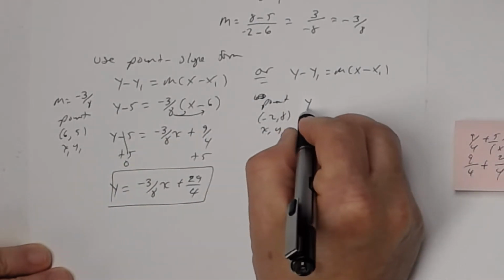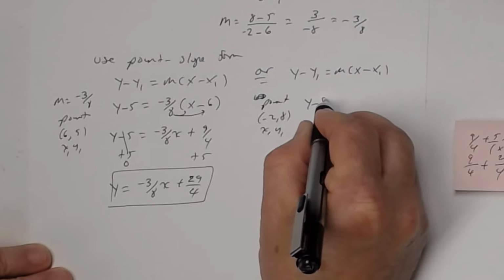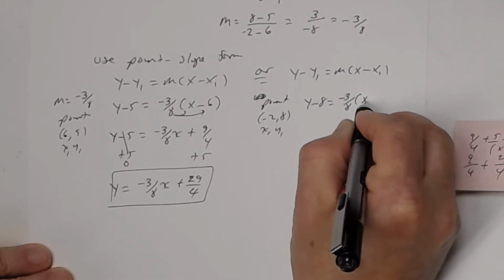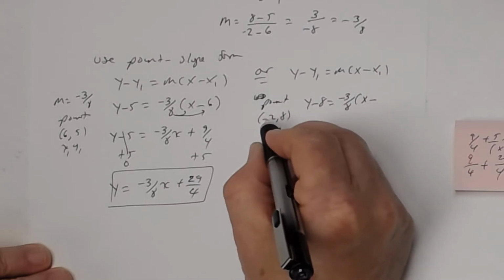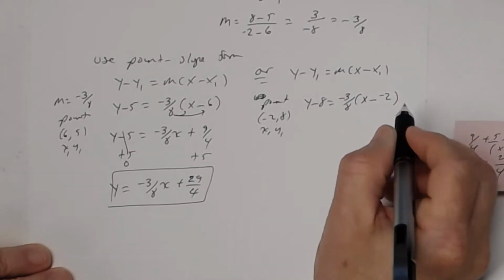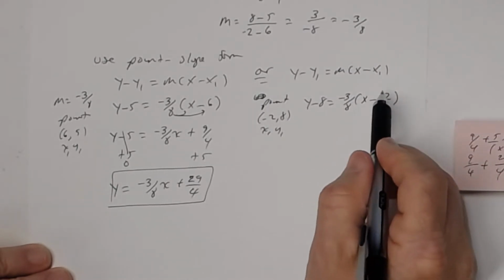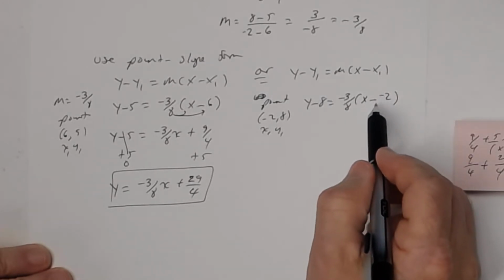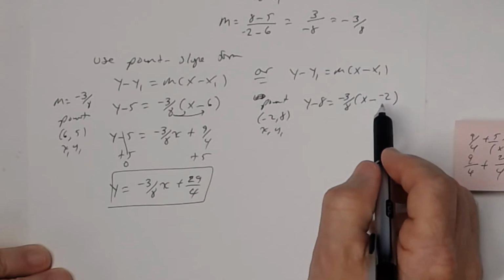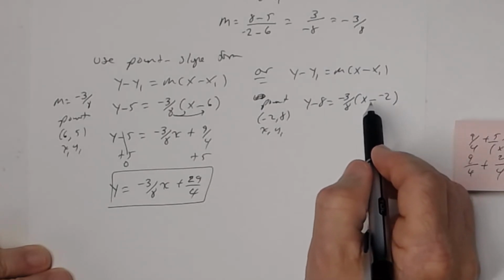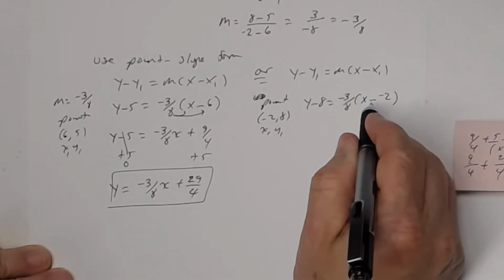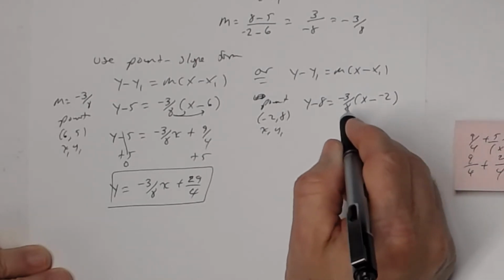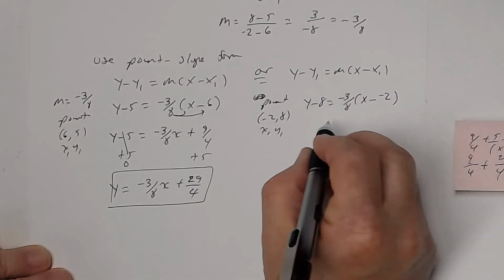So you're going to say y minus 8 equals the slope, which is negative 3/8, times x subtract x1, which is a negative 2. All right, now before you distribute, you need to rewrite x subtract negative 2 in simplified version. So x subtract negative 2 means x plus 2.